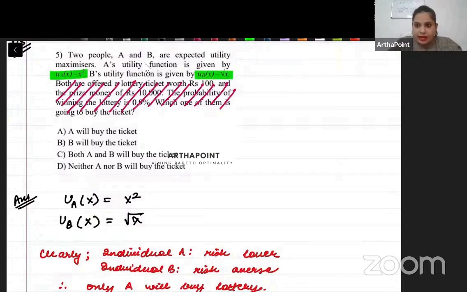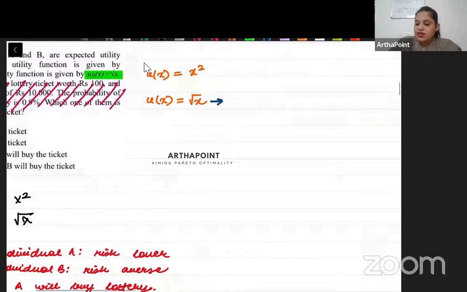If you refer back to my lecture on uncertainty, you will notice that u(x) is equal to x square, and u(x) is equal to root x. This is a risk averse individual.